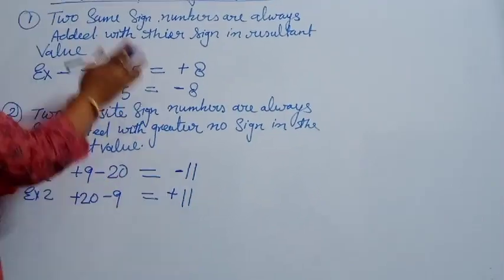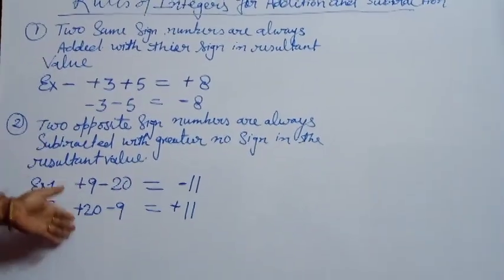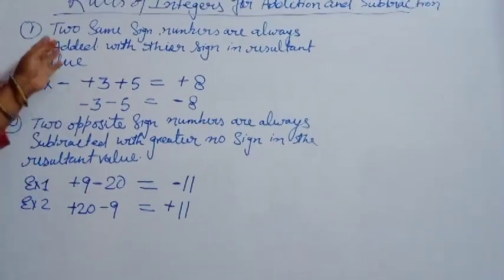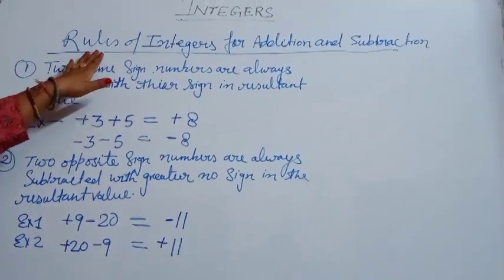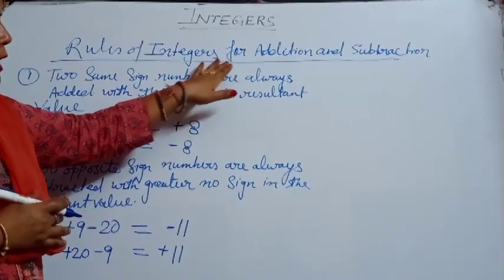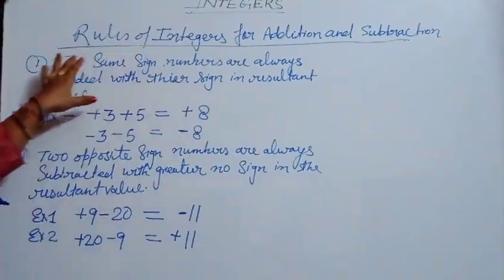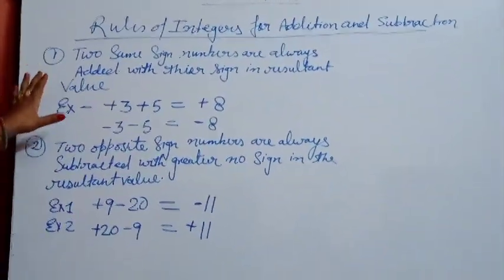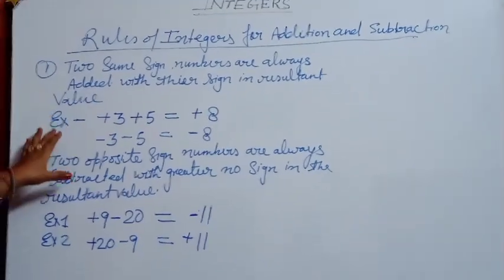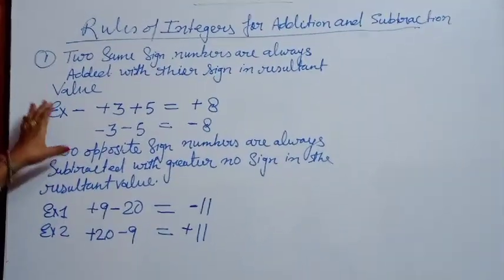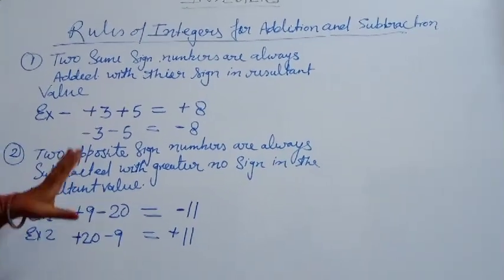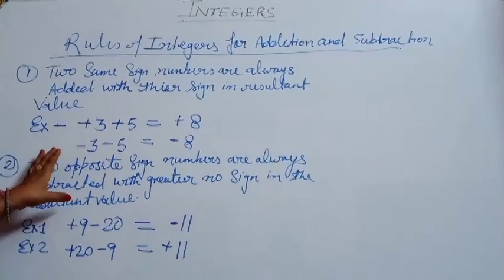In this way, if we always follow these rules in addition and subtraction, then it will be very easy for us to understand. These are the rules of integers for addition and subtraction. Only two simple rules are there, and students always make mistakes only in these rules. Okay beta, if you are clear in these rules, then you will not have any problems in integers.